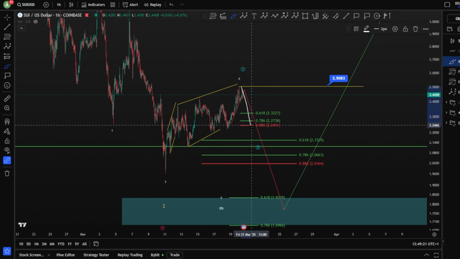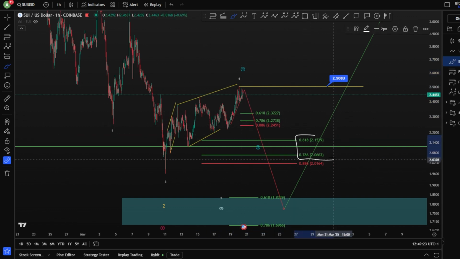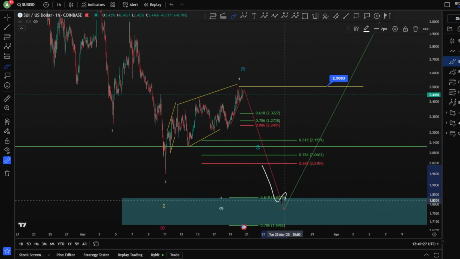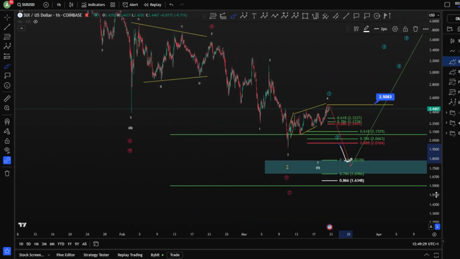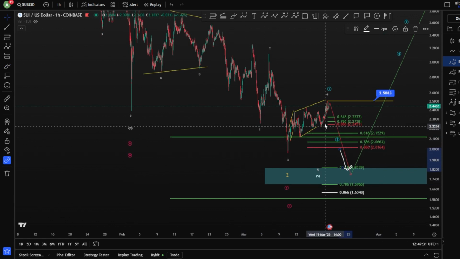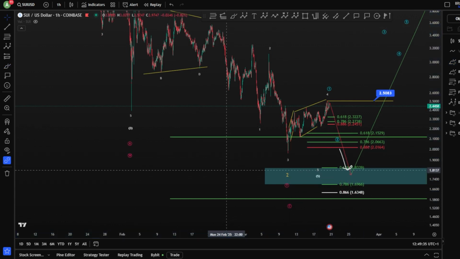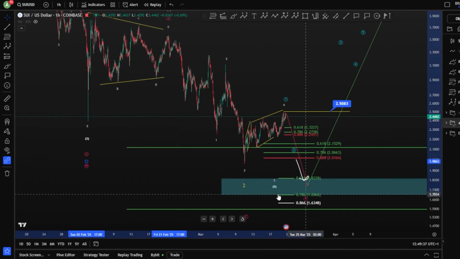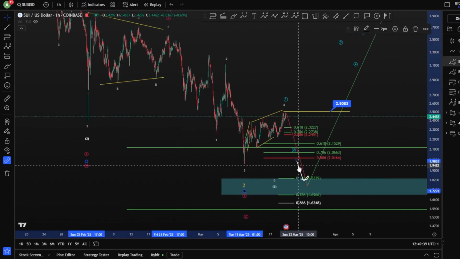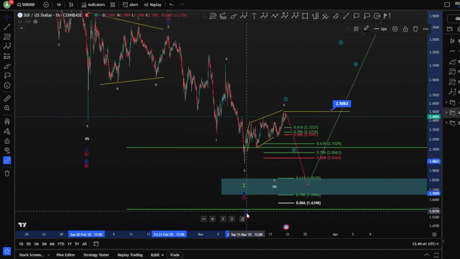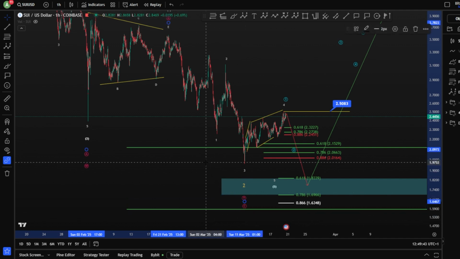If we take the 886, you have to consider we're moving to this target. If broken with 886, we're moving even back to the blue box, which is expected for a wave Z and a wave Y, if you remember, or a bigger wave Y here. Because we saw this WXYXZ in many coins, even on Bitcoin for this bear market.